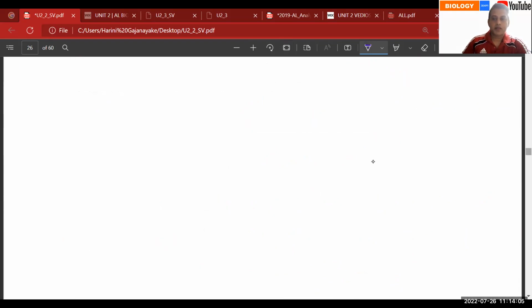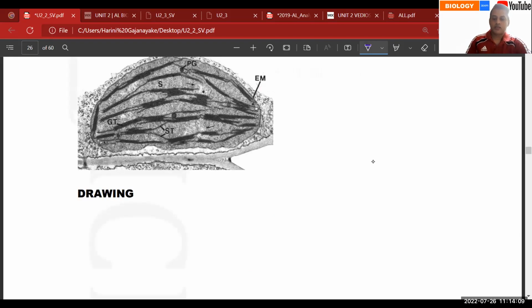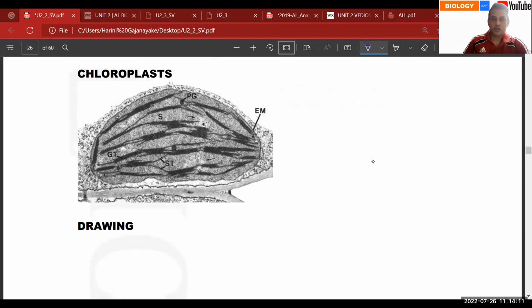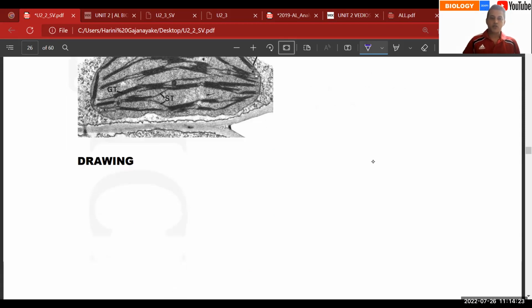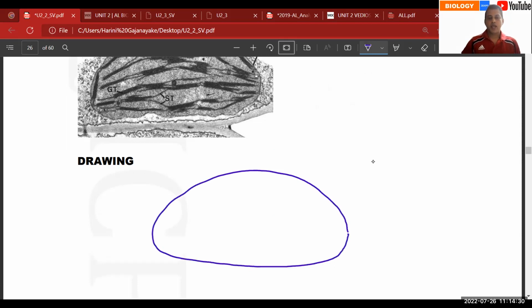Next, a structure similar to mitochondria, chloroplast. This is also very similar in certain aspects to mitochondria, because they have 2 membranes. Outer membrane, and the inner membrane is not folded.